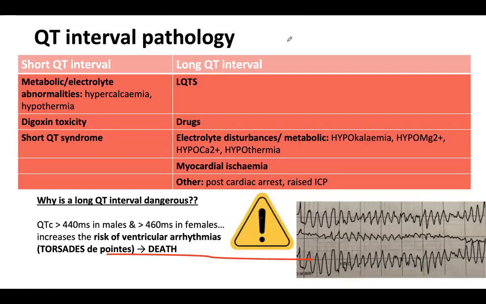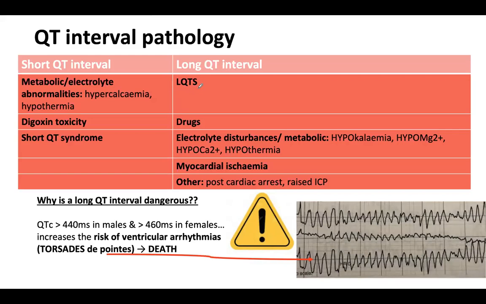In terms of QT interval pathology, you can get short QT intervals or long QT intervals. Short QT intervals can be caused by electrolyte abnormalities like hypercalcemia or hypothermia, digoxin toxicity, or short QT syndrome, which is very rare. Long QT intervals are most commonly caused by long QT syndrome, LQTS. It's an inherited condition.